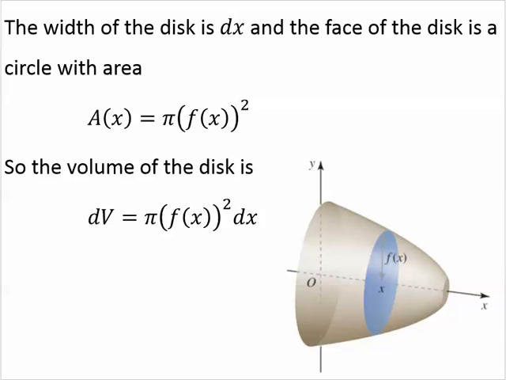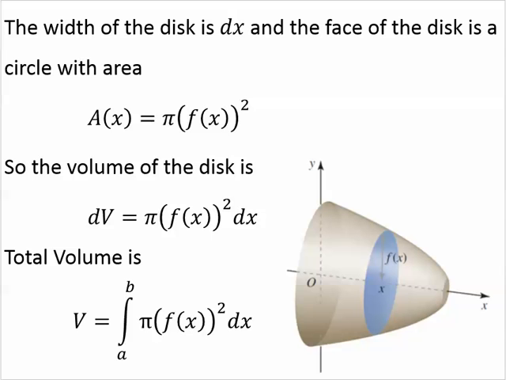Again, if you were to take that area of the cross section and multiply it by the width of the cross section dx, you get the volume of one disk. Add up all your slices and you have the total volume of revolution.